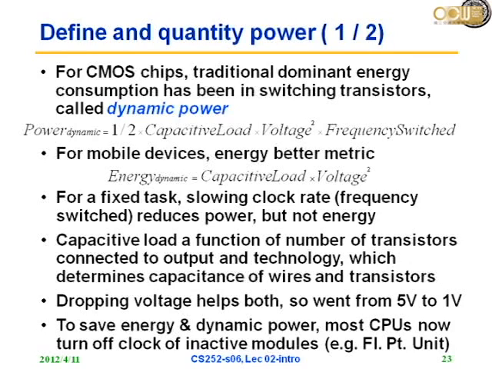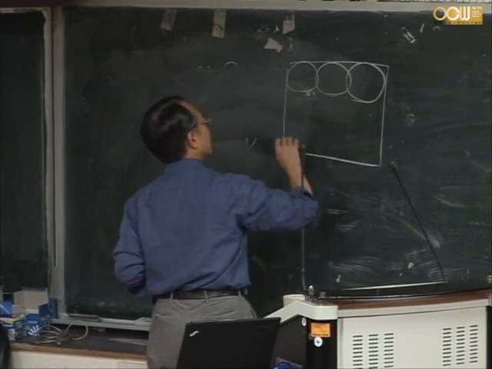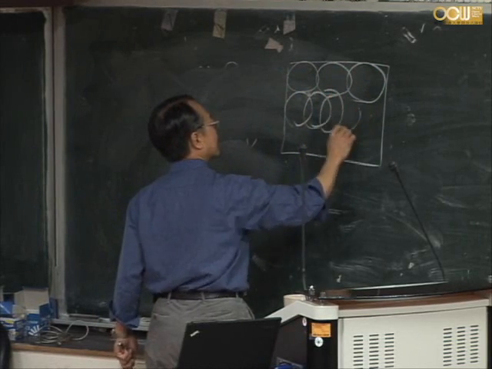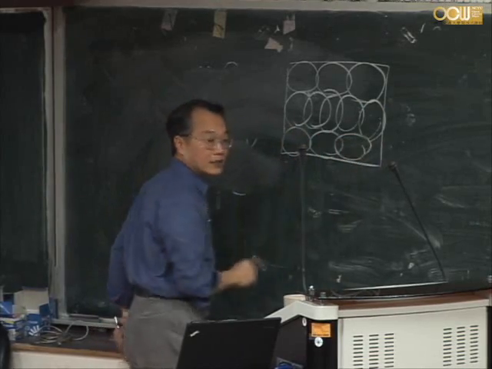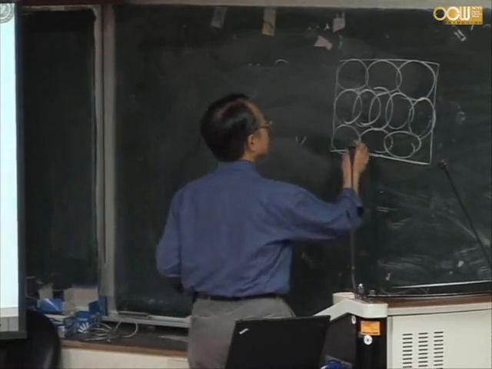And to save energy and dynamic power, most CPUs now turn off the clock of inactive modules. So this is a CPU. Within the CPU, we have a fetcher, decoder, maybe a register file, ALU, maybe several of those, and an interface, whatever. For every instruction, maybe we don't need to use some of these.